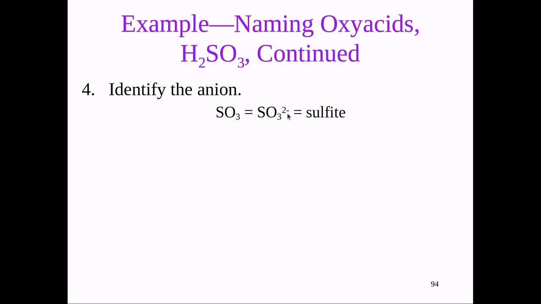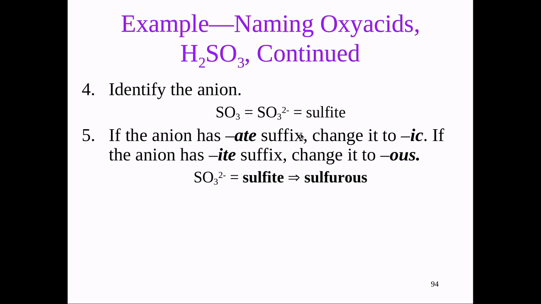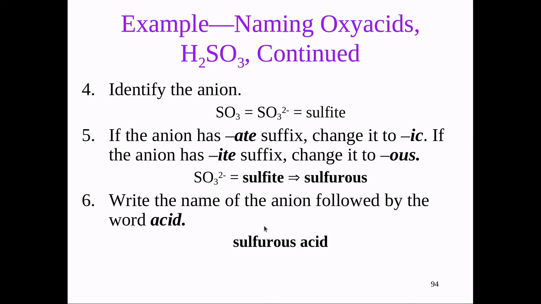It still has a 2 negative charge, but it's called sulfite. Following our scheme here, we're going to change the ite to an ous. So now sulfite becomes sulfurous. And then we write the word acid at the end, and we get sulfurous acid.